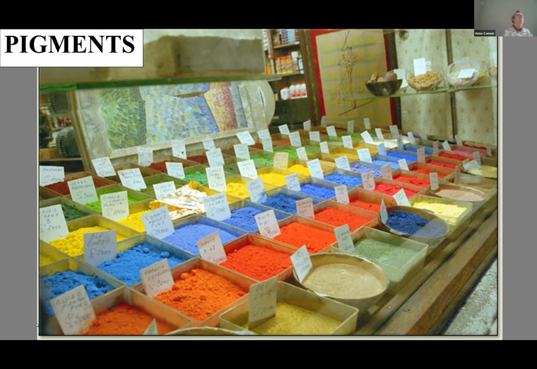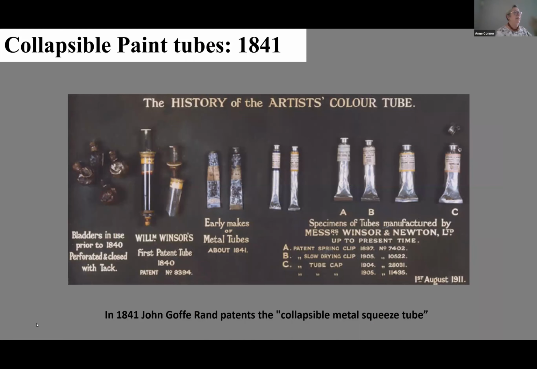By the 18th, 19th century, we start having dealers that deal with the pigments. But the big revolution comes with the invention of collapsible paint tubes, which completely changed the life of artists because now they had paint that was ready to be used and they could go out.